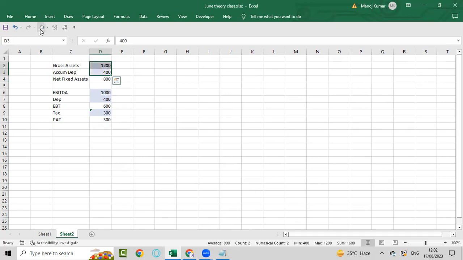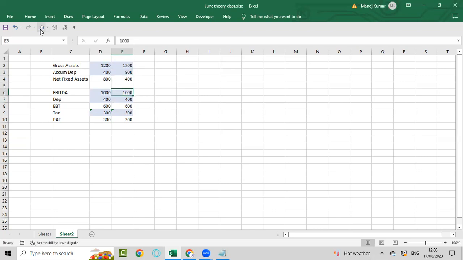In the second year also, what is happening? 1000 of EBITDA, 400 of depreciation, EBT 600, tax 300, profit 300. In the balance sheet, gross asset will be 1200 only, but accumulated depreciation will be opening 400 plus 400 of current year. Then net will be 400.